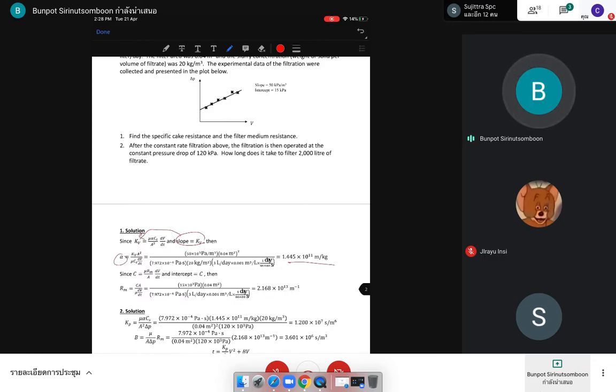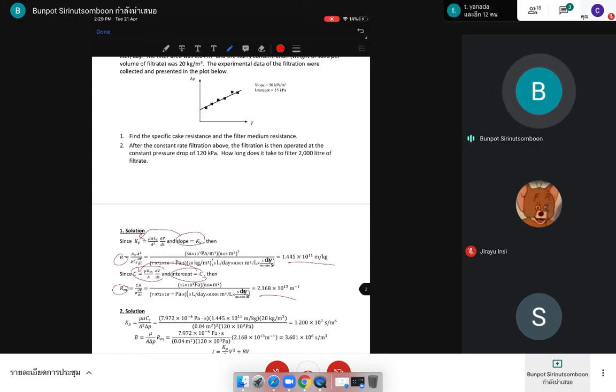And we also know that the intercept is equal to C, and we know this relationship here. So we can find C and then calculate Rm and get the answer. So now we know the value of alpha, which is the specific resistance of the cake, and the value of Rm, which is the resistance of the filter.